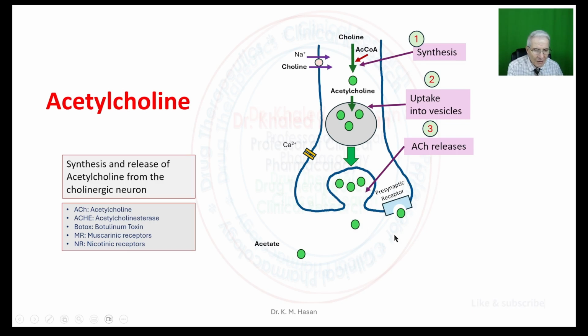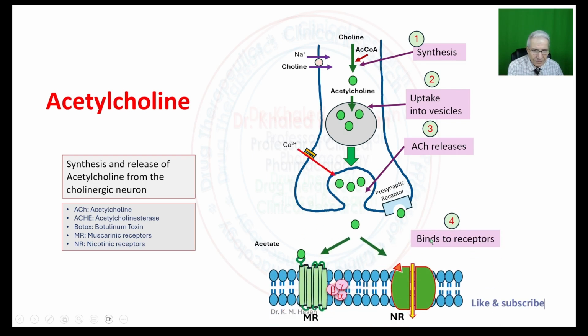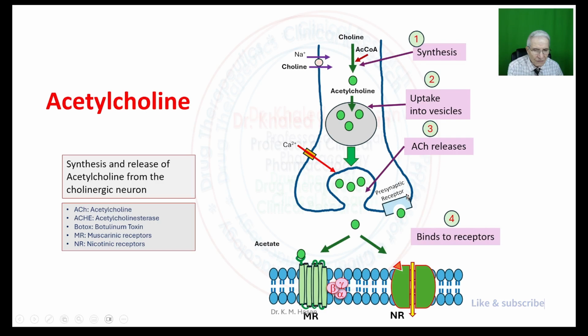So now I will repeat. We have synthesis from choline, then formation of acetylcholine, and uptake by the vesicles. The vesicles will release their content to the synaptic cleft. Next, acetylcholine in the synaptic cleft will bind to the receptor.